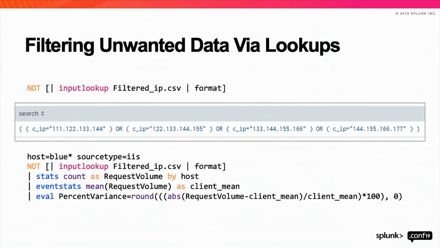So there might be certain cases where you want to filter certain traffic out. So this is a way you can use things like lookup tables, something you would use in a regular Splunk query, and you can still use that in ITSI KPIs. There's nothing that prevents you from doing that, right?